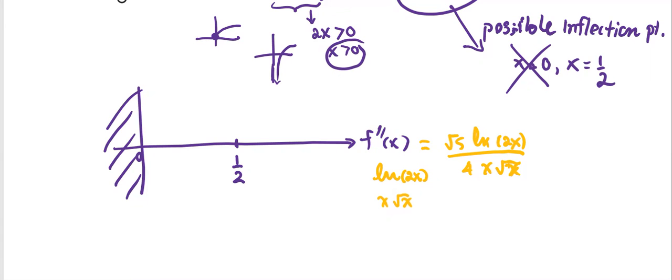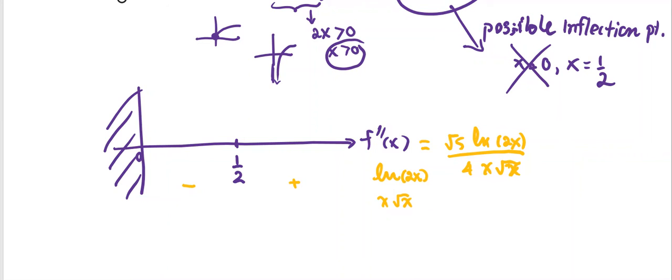So the sign on the right side of 1/2 for the natural log is going to be positive. Any number less than 1/2, for example, you pick the number 1 over 4, natural log of 2 times 1 over 4, or natural log 1/2, the sign comes out as negative. So on the left side of 1/2, the natural log 2x will return negative for you.